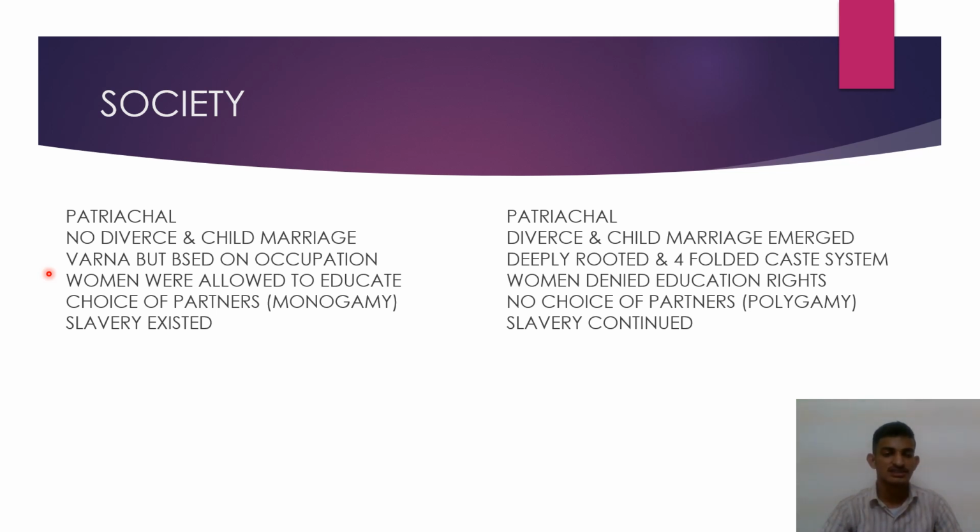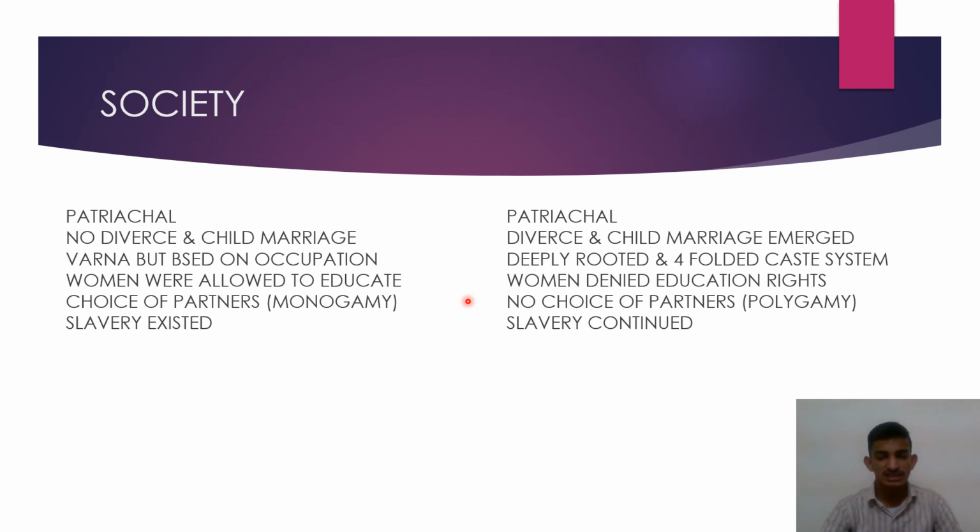The status of women is very high when compared to later Vedic age, and women were allowed to educate, and they were allowed to choose their partners of their choice, and monogamy is practiced. Monogamy is nothing but having a single wife, and slavery existed. There were two types of slaves.